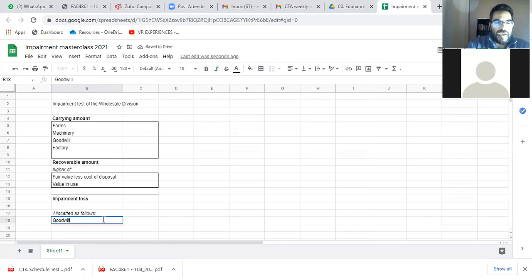If you have impairment, you must first allocate it against goodwill as far as possible. If goodwill is 0 and there's still a remaining balance, then that remaining balance will have to be allocated to the remaining assets on a pro rata basis based on their carrying amounts. Okay, so then we will deal with that.